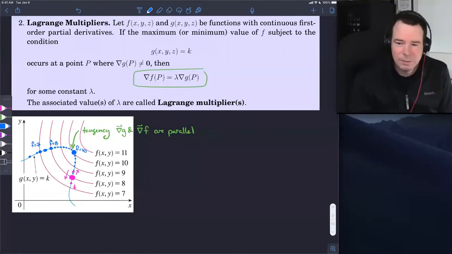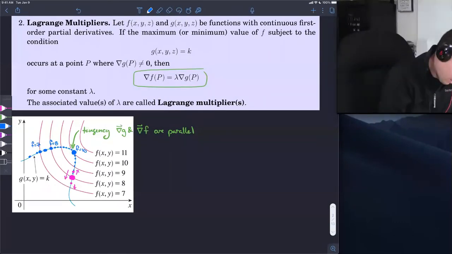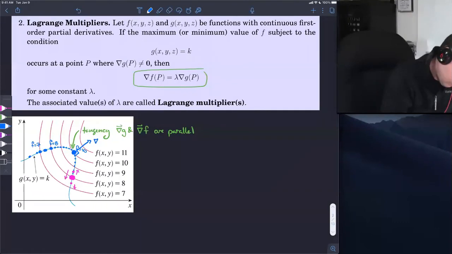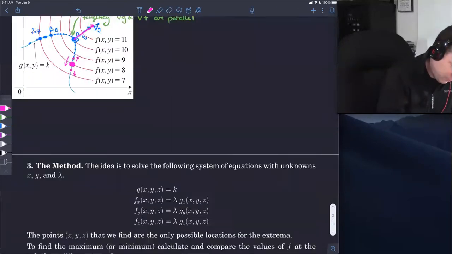Well, the normal off of the blue line. Let's draw that one in here. Normal off of the blue line. And then the normal off of the pink line would be, they're kind of in the same line. Yep, that's what it means to be parallel.